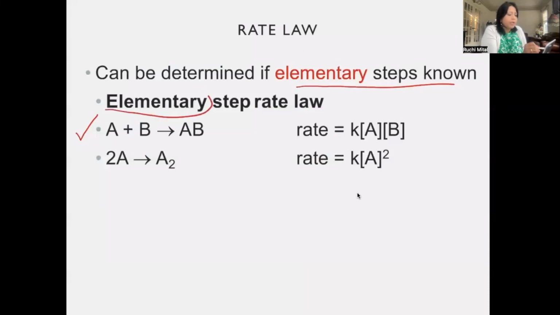If it is an elementary step of a reaction, you can write down the rate law, and in this case, the order of the reaction is the stoichiometry of the reactants. Over here, if this is your second equation and it is your elementary step, you could write the rate law as rate constant times the concentration of the reactant. Because the coefficient is a 2, you can write down the 2, provided they have said that it is an elementary step.